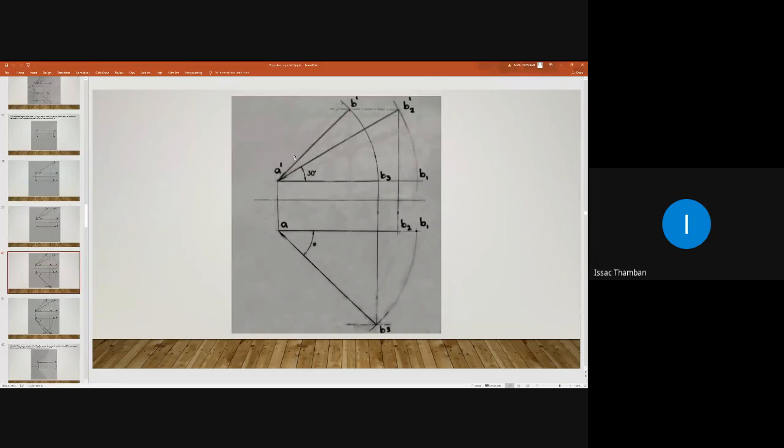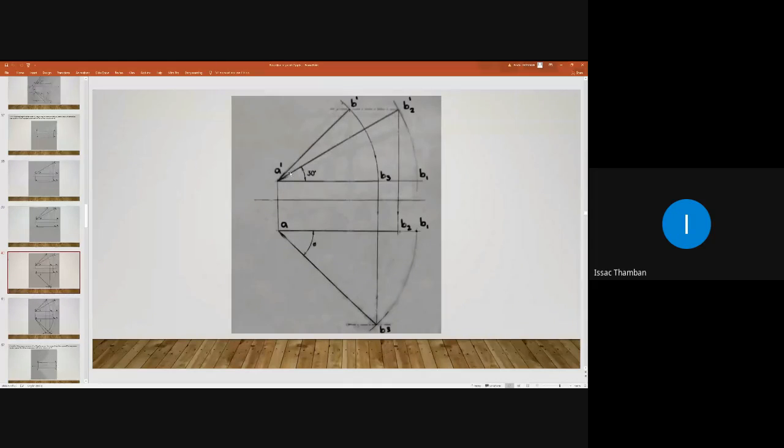So, here we have line A dash B dash. A dash B dash is the elevation obtained when the line is inclined to both HP and VP. A dash B2 dash is the condition where the line is parallel to VP and inclined to HP.